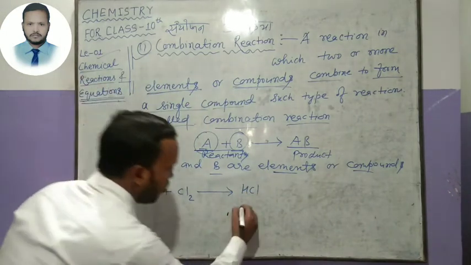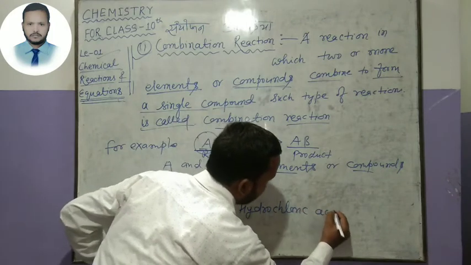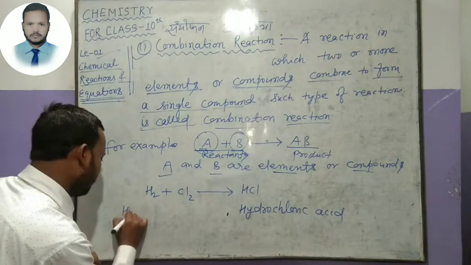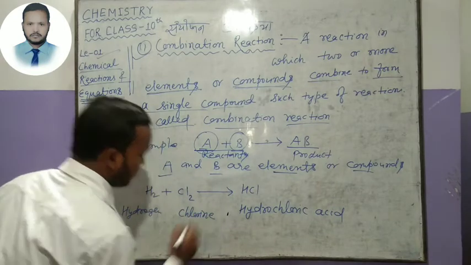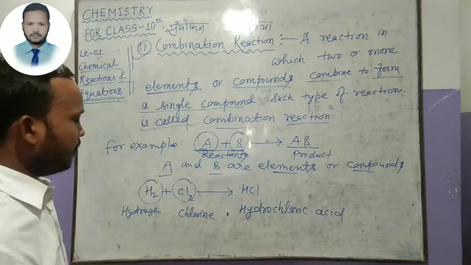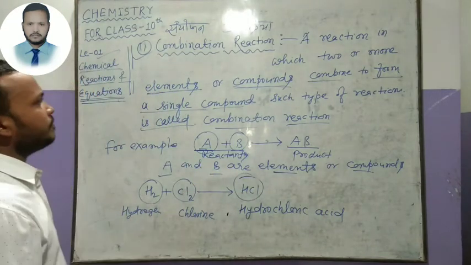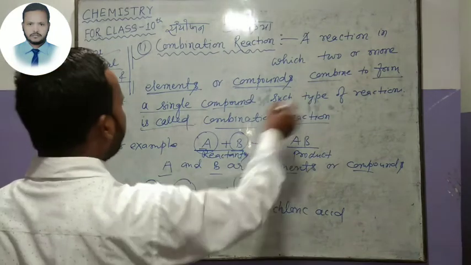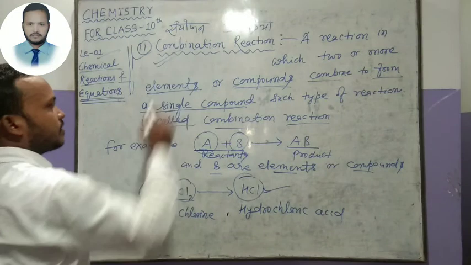Here hydrogen is a gas and this is chlorine. There are two elements, but only one product. So two elements combine with each other to form a single compound. Such type of reaction is called combination reaction.